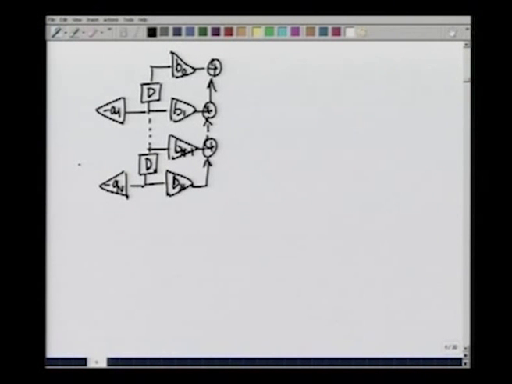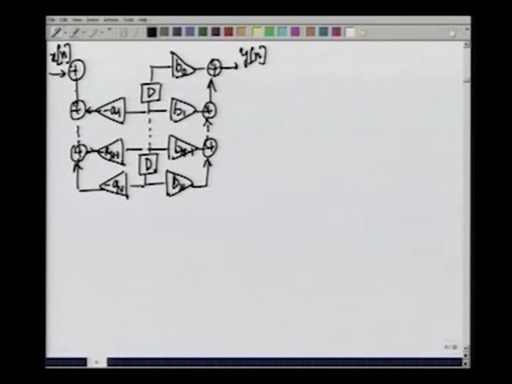On the left side, similarly, we had x n, y n coming out of here, and finally 1 by A 0 or A 0 inverse being the term over here.